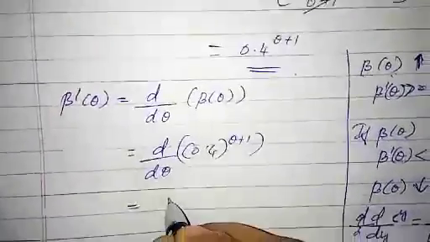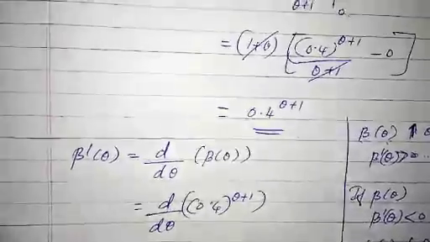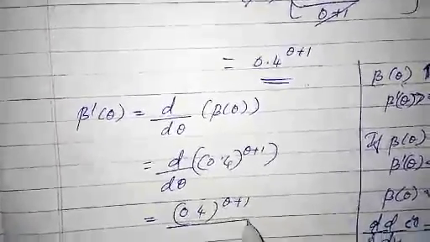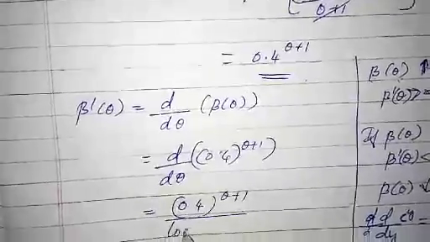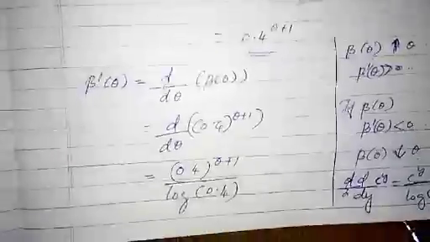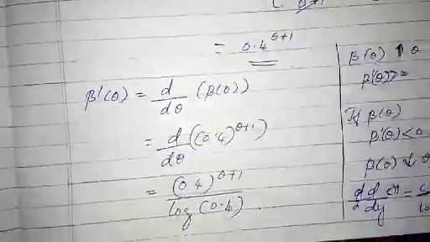So here, what is the value? It is equal to 0.4 power theta plus 1 divided by log 0.4, right? Whether this value is greater than 0 or less than 0.